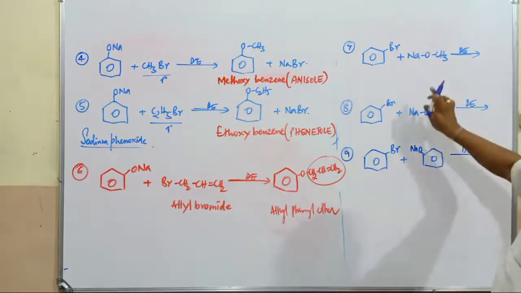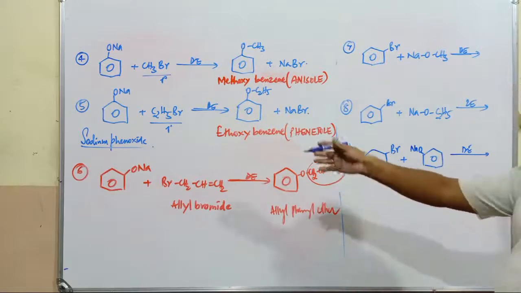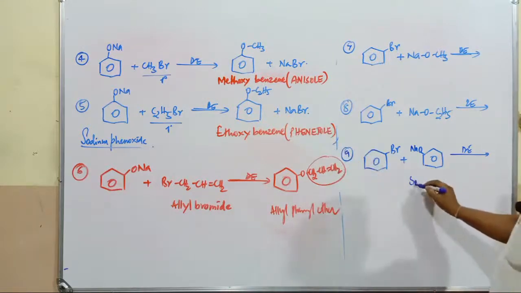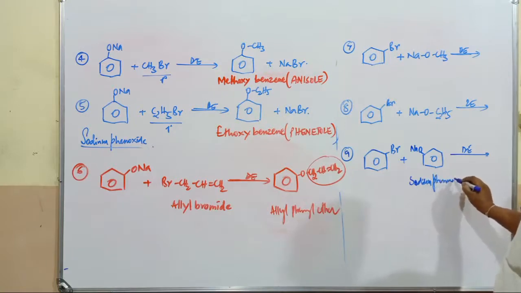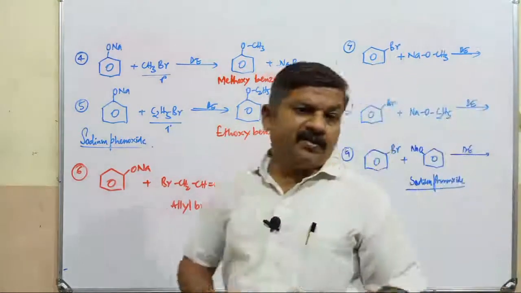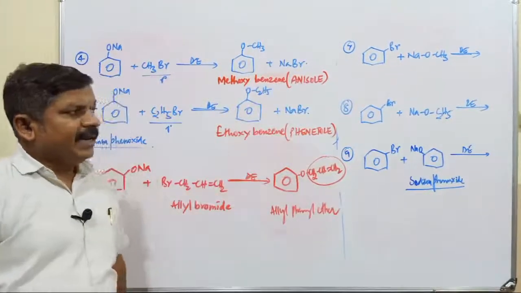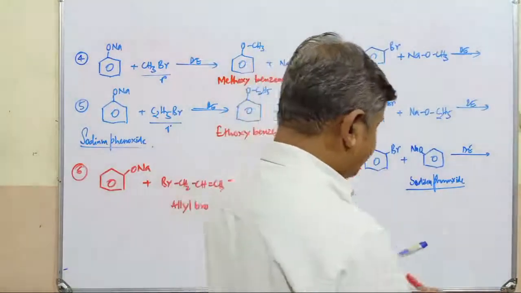Sodium ethoxide, sodium ethoxide, and sodium phenoxide or sodium phenate. What is the product obtained in the case of those three reactions, number 7, number 8, number 9? Formation of which ether takes place?